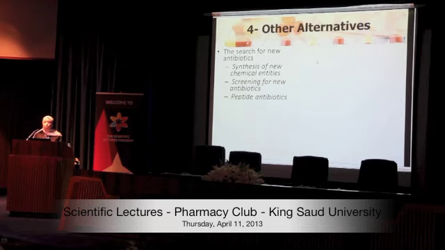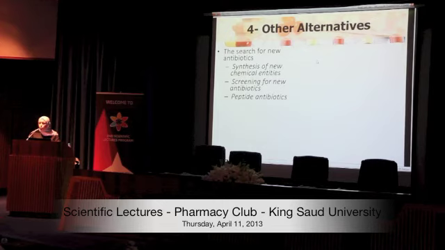Other alternatives: now we are developing new antibiotics with the help of our colleagues in chemistry, through synthesis of new chemical entities and screening for new antibiotics. Nowadays we screen marine life, fishes, frogs, whales, for new species to produce new antibiotics.